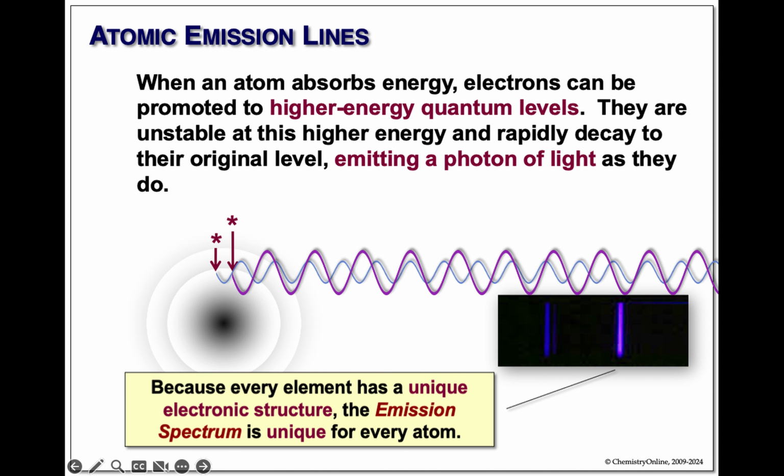The emission spectrum is unique for every atom because the electron configuration is unique for every atom. This is how you can look at a star that's 100 million light years away and know exactly which elements are in that star. It's kind of an interesting technique.